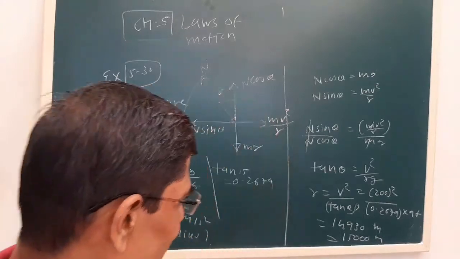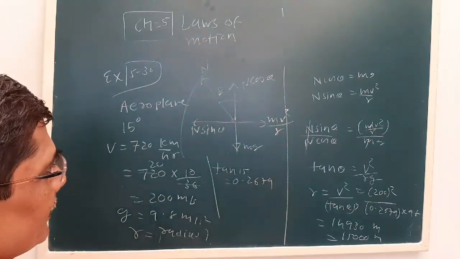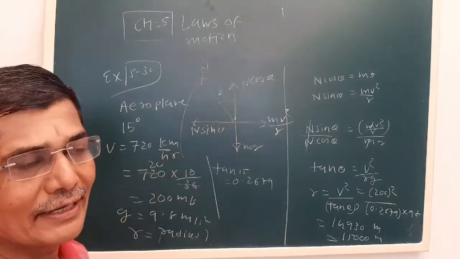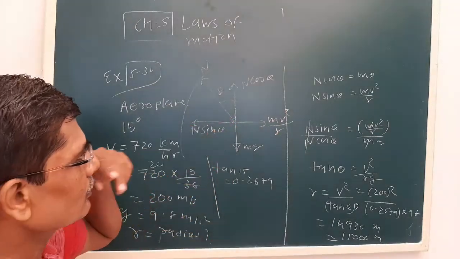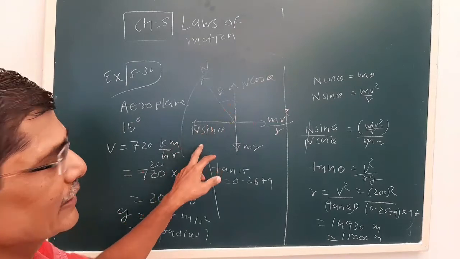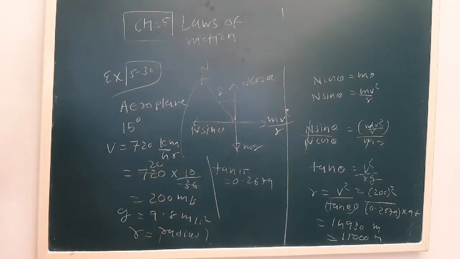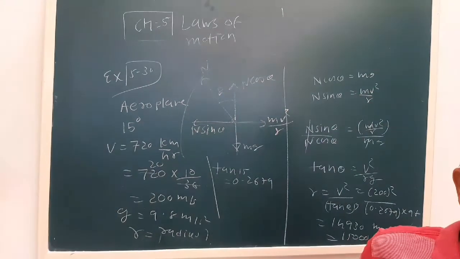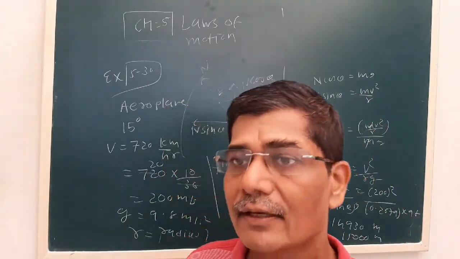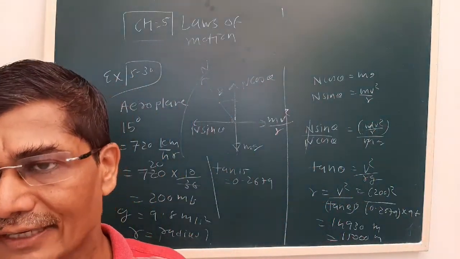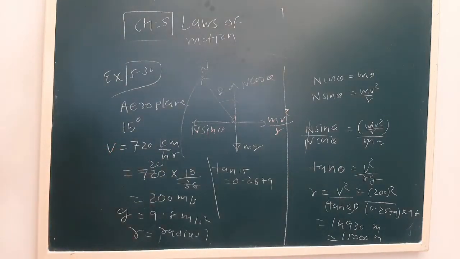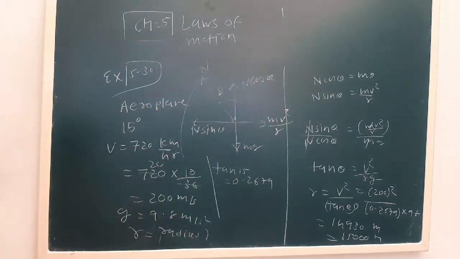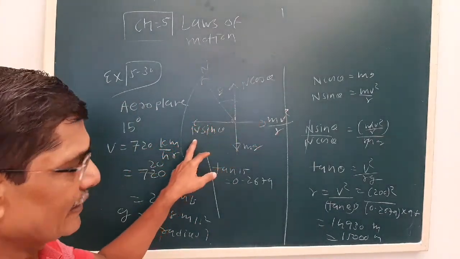So let us say the vehicle is bent at an angle of theta. What are the components here? N cos theta and N sin theta, by the definition of component of a vector: the component of a vector in any direction is given by the product of the magnitude of the vector and the cosine of the angle. So here N is the vector and theta is the angle, so this becomes N cos theta, and naturally the other will be N sin theta.